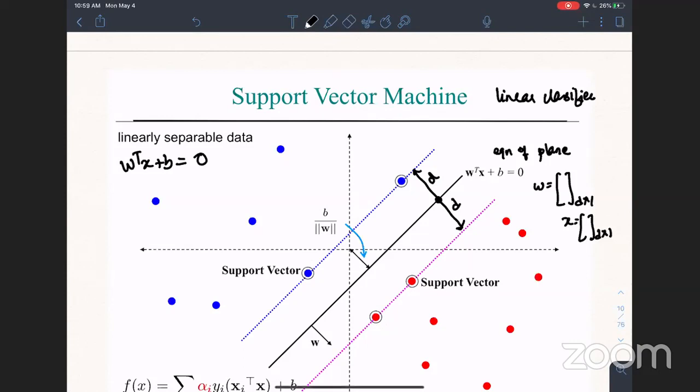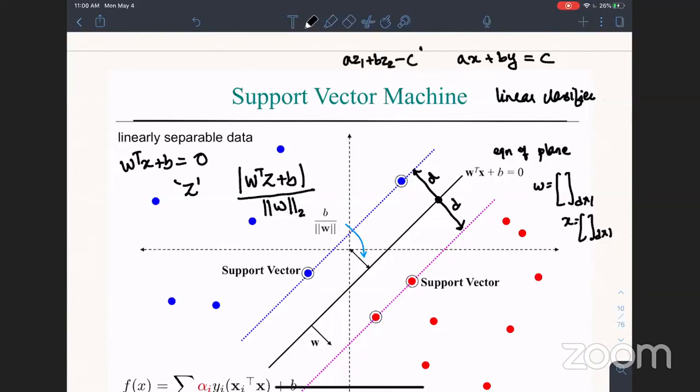First of all, you have to find the distance of any point Z from this plane. From geometry, it is W transpose Z plus B, divided by the norm of W. A quick example: AX plus BY equal to C gives A Z1 plus B Z2 minus C, divided by the square root of A square plus B square.